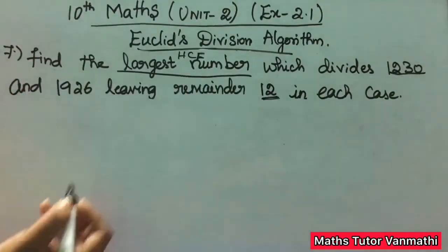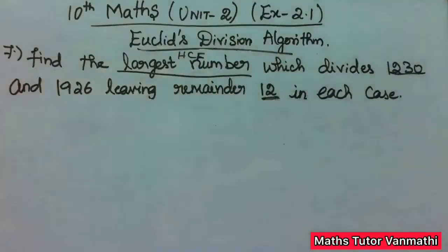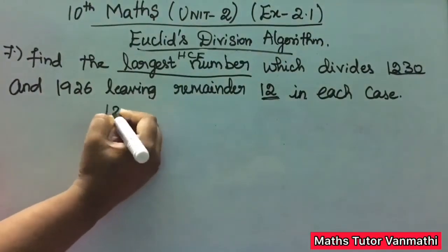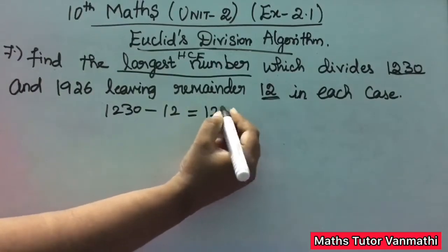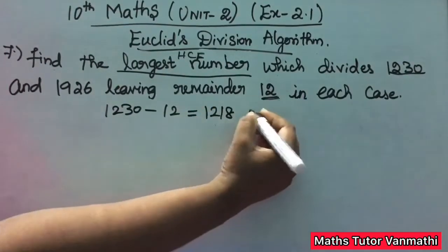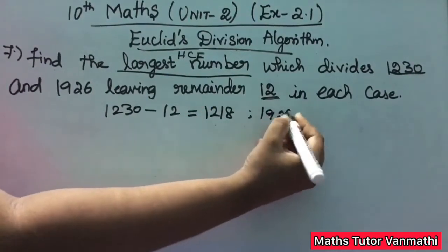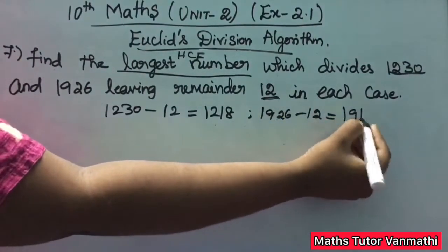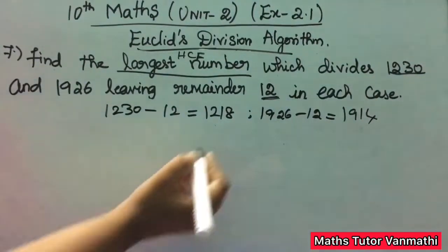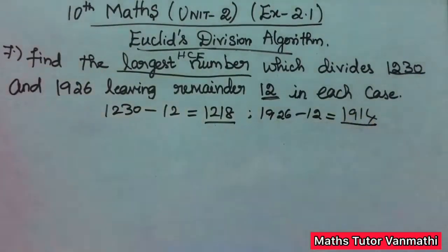First we are going to subtract 12 from these two numbers. First number is 1230 minus 12, you will get 1218, and second is 1926 minus 12, you get 1914. Clear?